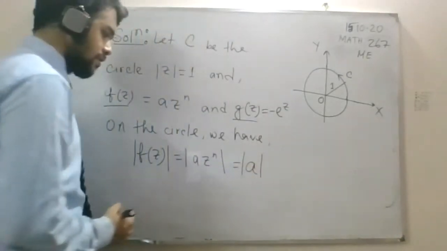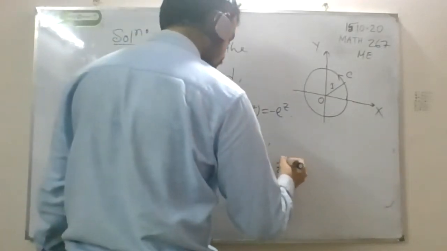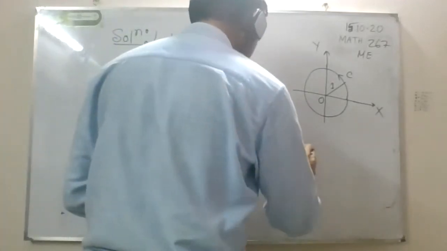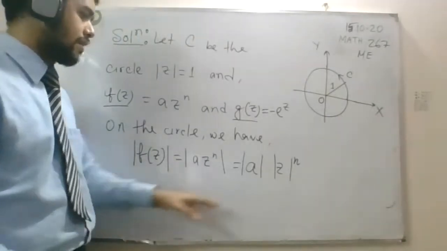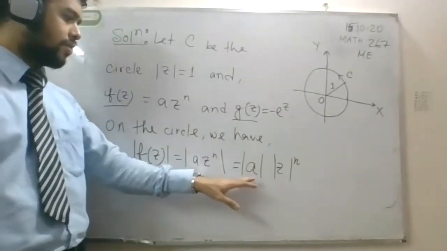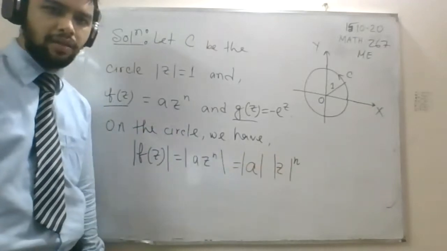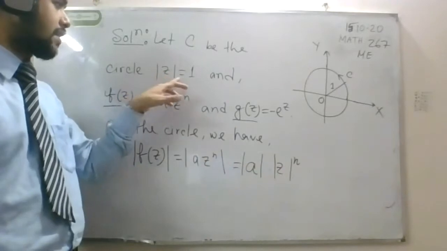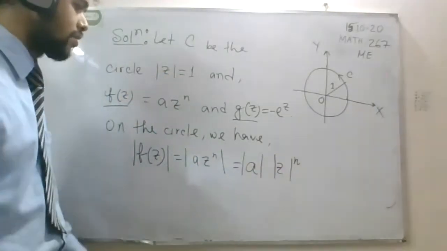You can write modulus of a and also modulus of a, and it can also be written like this, which is modulus of a dot modulus of z to the power n. Okay. So here you already know that modulus of z equals 1, so it will also equal 1.